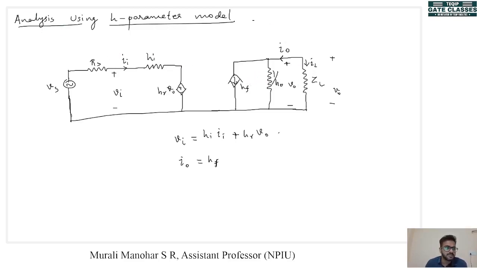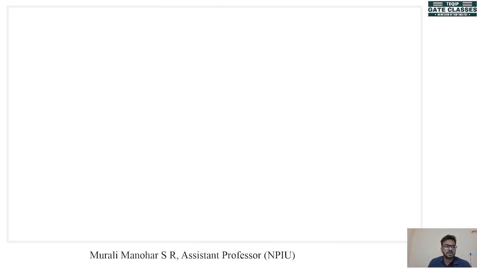This is Hf into Ii. Sorry for that. So Io is equal to Hf into Ii plus Ho into Vo. Now these are the equations for this circuit. So normally we used to go for input impedance first, but in this case we'll go for the current gain. So we'll find current gain first.